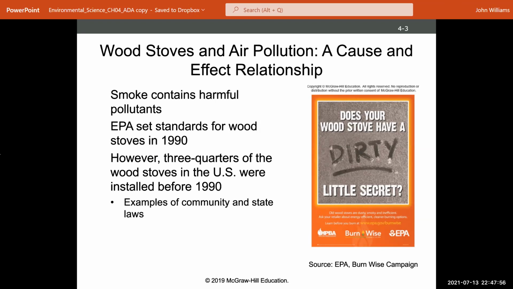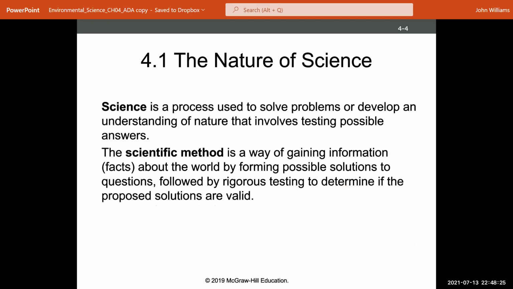But one of the big downsides to this standard is that 3/4 of the wood stoves in the United States, for example, were installed before 1990, and those wood stoves can and are still being used today in some of the older houses they were installed in. And so this is just some examples of community and state laws that have an effect on this cause and effect relationship.